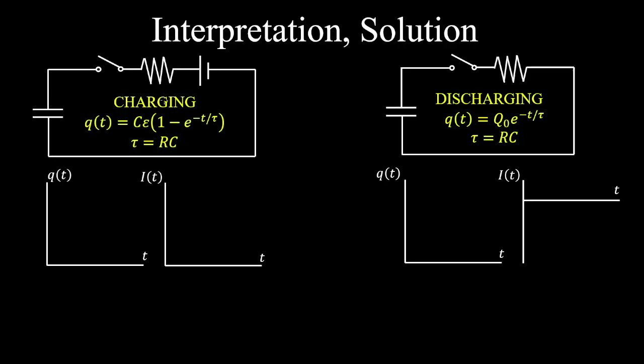Let's analyze the solution first for the case of when the capacitor is charging. So recall when we closed the switch, the capacitor acted like a wire. So at time t equals 0, this term is 1, and therefore the initial charge on the capacitor is 0, and this increases until it asymptotes at this value C by epsilon.